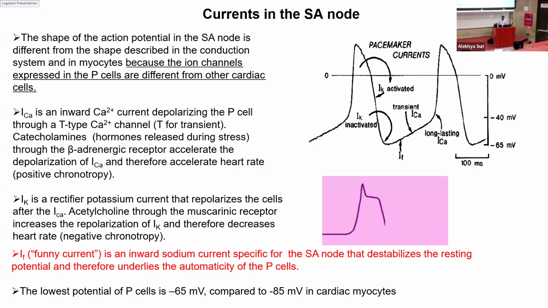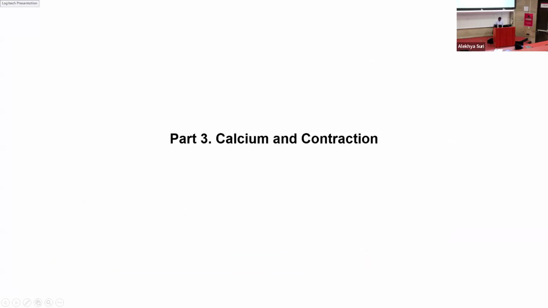These are all maintained by these ions, which respond to beta-adrenergic receptor activation. We'll see how the T-type calcium channels and funny currents are activated during catecholamine stimulation and acetylcholine stimulation in one of the slides.